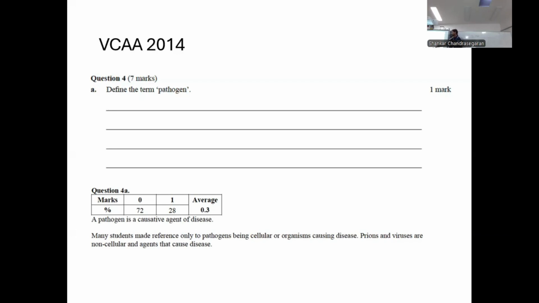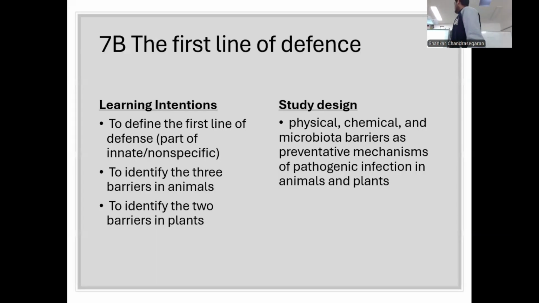That's why the answer is so general, saying that a pathogen is just causing a disease, right? Because it doesn't have to be alive, and it can even be non-living.